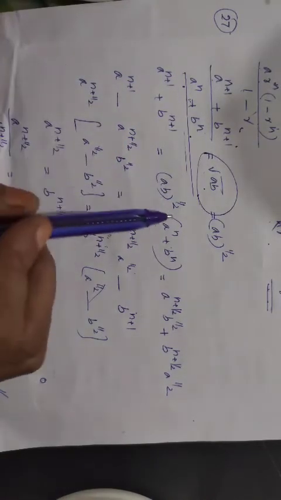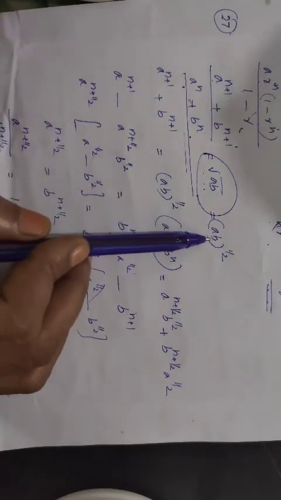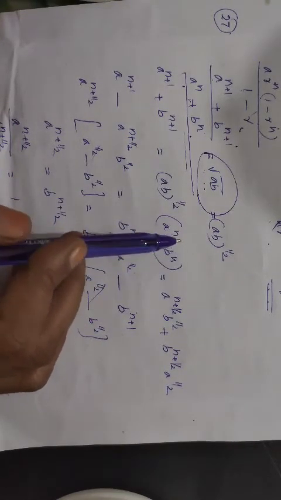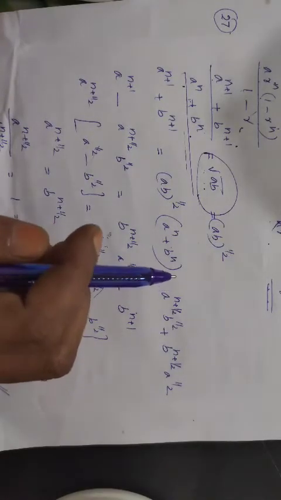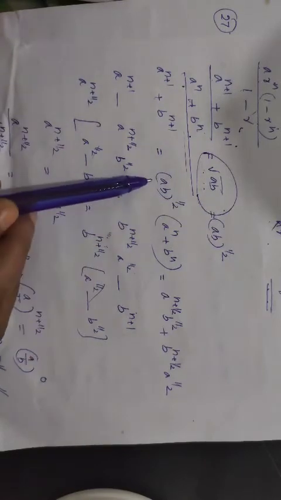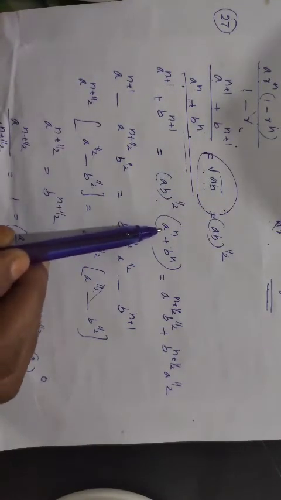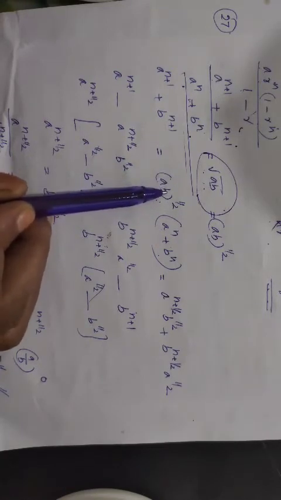Okay, but in the exponential law, root of ab, the square root, we will write (ab) whole raised to 1 by 2. Cube root of x, we will write x raised to 1 by 3. Fourth root, we can write x raised to 1 by 4, etc. Then cross multiply: (ab) whole raised to half into a raised to n plus b raised to n. (ab) whole raised to half means a raised to half into b raised to half.